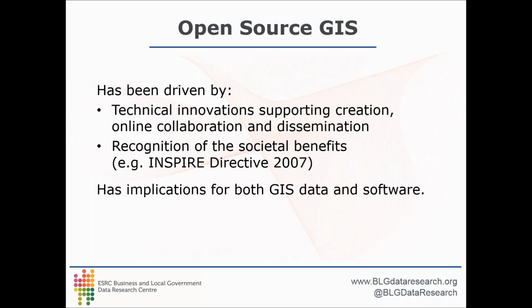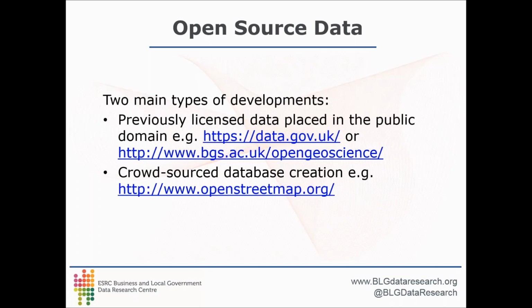There's been open source software for a number of years. You can find examples going back to the 1980s, but there's been an enormous growth in these types of developments in the past decade or so. So let's look at a little bit more in terms of some data examples. I think you can sort of think about these under two main types of headings.